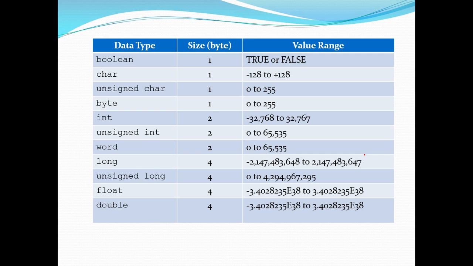Now this is the data type, which you have learned in C++. Just recall, you have boolean, character, true or false, and so on. You can read by your own, and then float. This one is maybe new for you: size in bytes, which represents how many bytes of data will be stored in your memory.